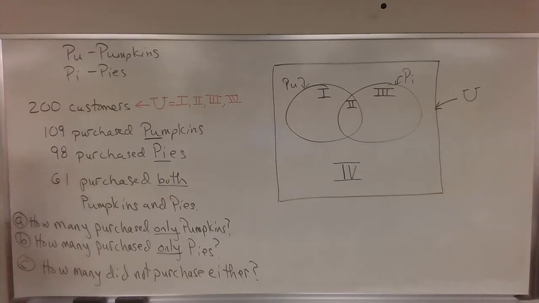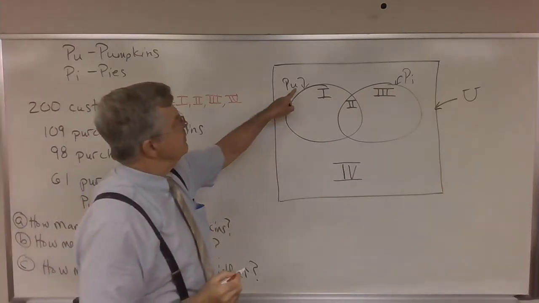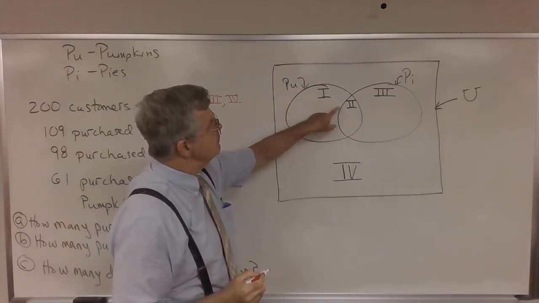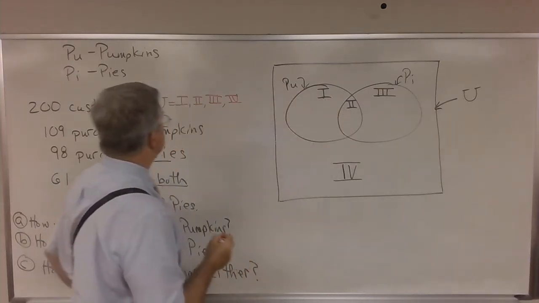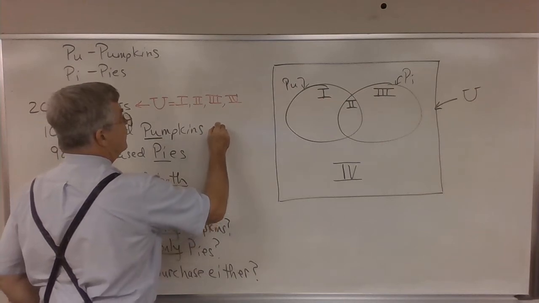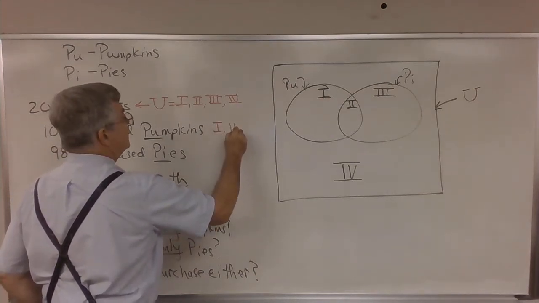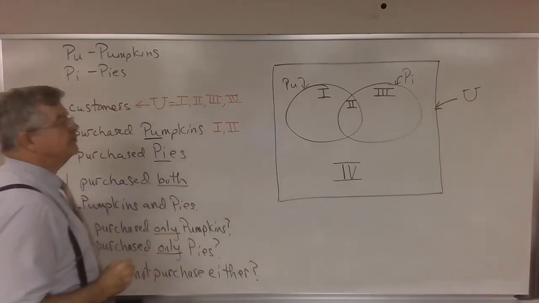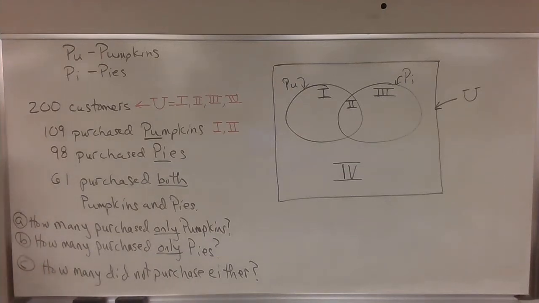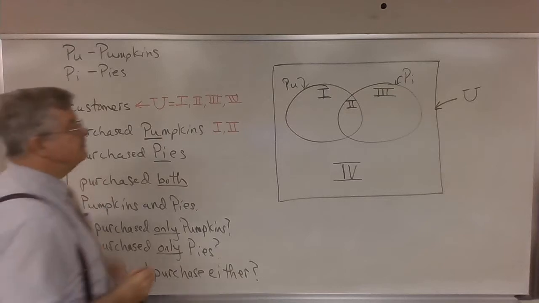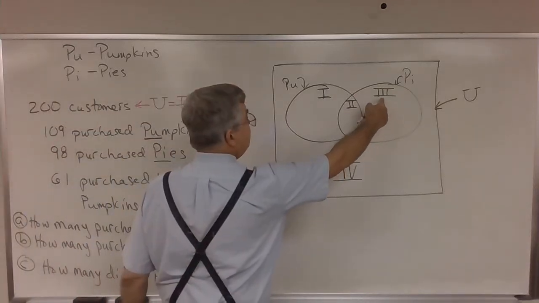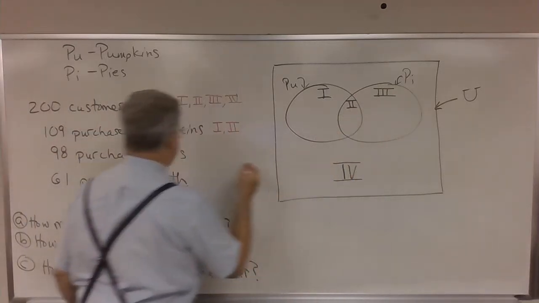Now, 109 people purchased pumpkins. And notice the pumpkin circle contains both region 1 and region 2. So, 1 and 2. 98 purchased pies. The pie circle contains region 3 and region 2.